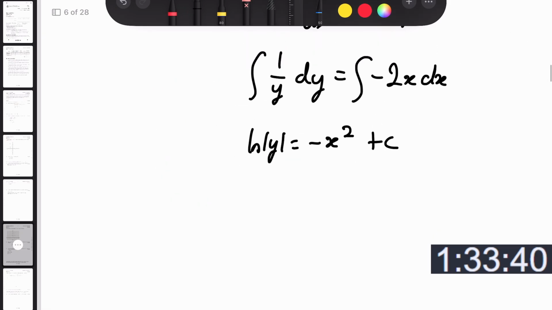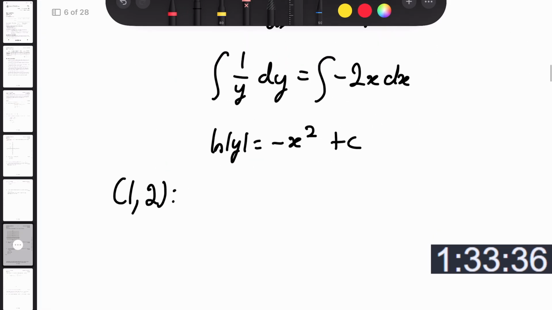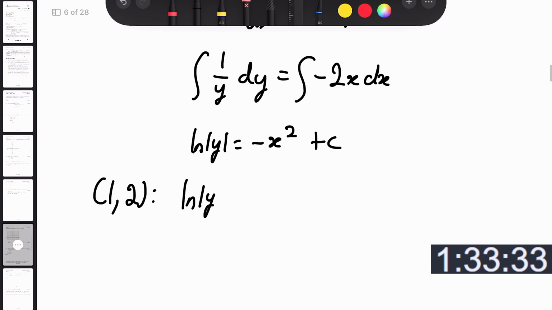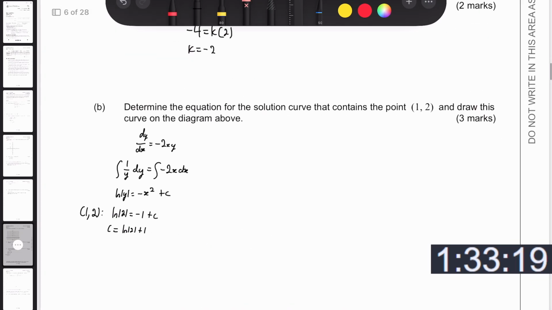And then, so we have the point 1, 2. So then we have ln of 2 is going to equal negative 1 plus c. So c is going to equal ln of 2 plus 1.